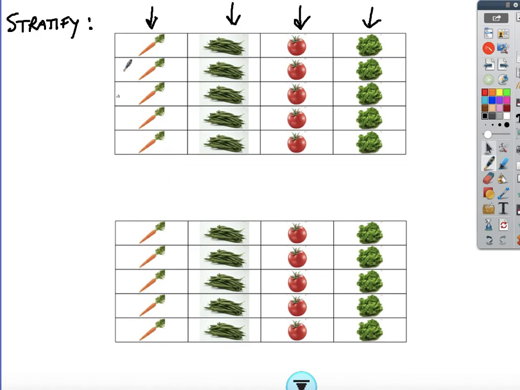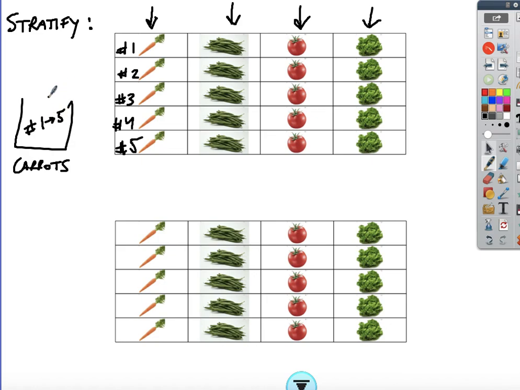So let's say that I have these numbered 1, 2, 3, 4, 5, and I put carrots into a hat. Numbers 1 through 5 are in that hat. And maybe I'm going to draw out 2 things. Let's say I happen to draw out number 3 and number 5.